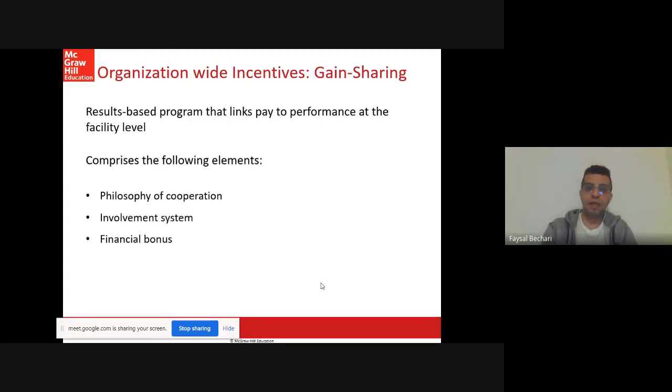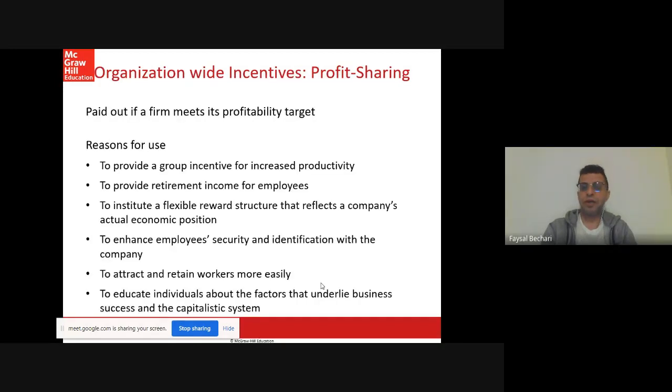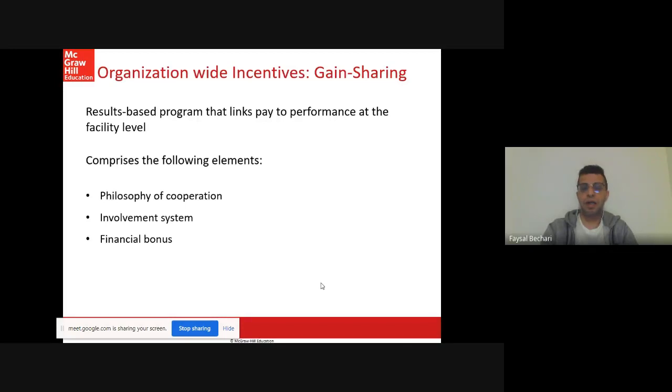Now, the other thing is called gain sharing. The first one was profit sharing, and here is gain sharing. It is a results-based program that links pay to performance at the facility level. It comprises the following elements: a philosophy of cooperation, involvement of the system, and a financial bonus.